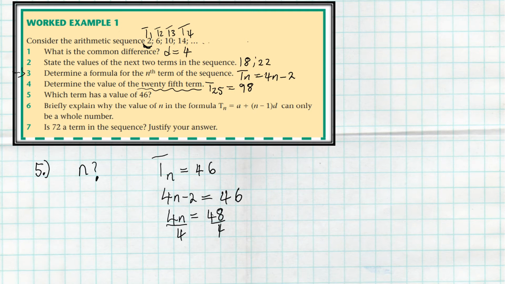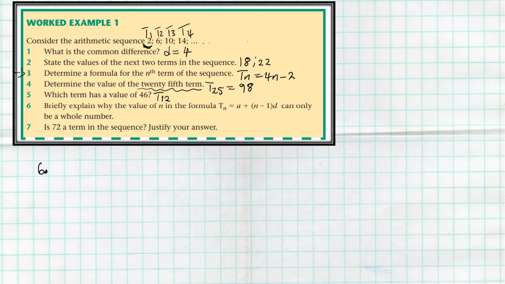So 48 divided by 4, and n is 12. So which term has the value of 46? It is term number 12, the 12th term has the value of 46. You can prove it: replace n by 12 and you'll see it gives you 46.